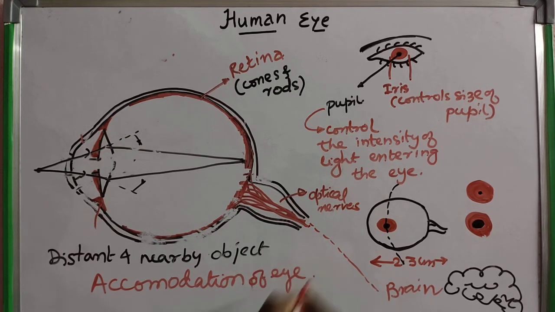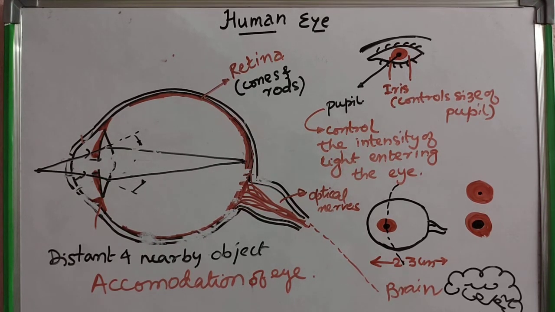It is the ability of the ciliary muscles to change the focal length of the eye lens. So because of accommodation of the eye, you can see distant and nearby objects. That is the function of our ciliary muscles, which change the thickness of the eye lens, hence changing the ability to focus distant and nearby objects.